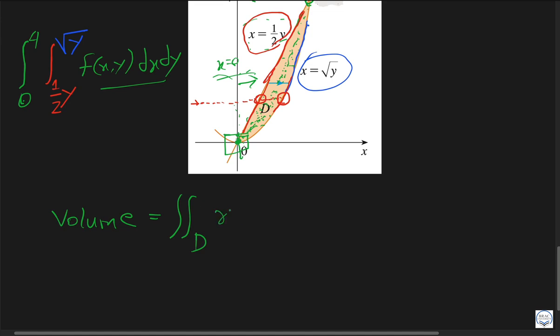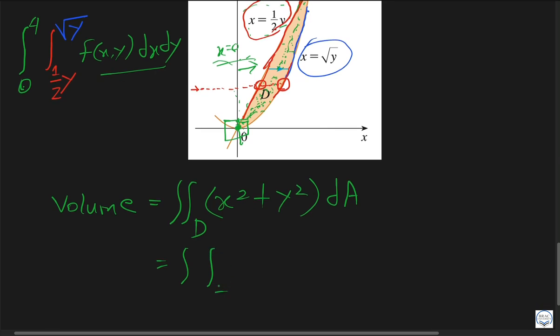So let's evaluate this. Our volume equals the double integral over the domain D, and the function is still the same, x squared plus y squared times dA. Let's write this as an iterated integral using a type 2 domain. So it's half y to square root y, and 0 to 4.